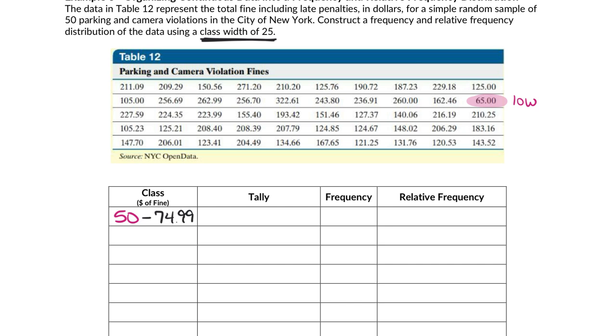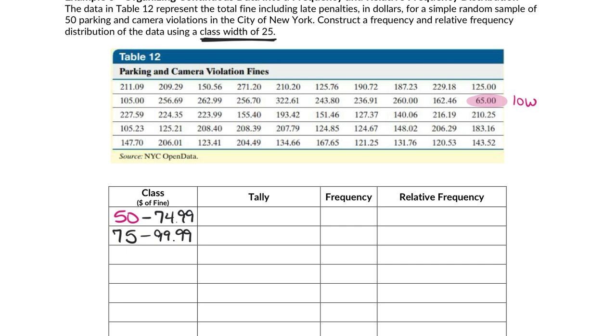Okay, the next class is going to start immediately after 74.99, which means our next class is going to go from 75 to 99.99. Do we see how we're building this class width of 25 for each of these classes? I gave you enough boxes here to fill it all the way through the highest value.